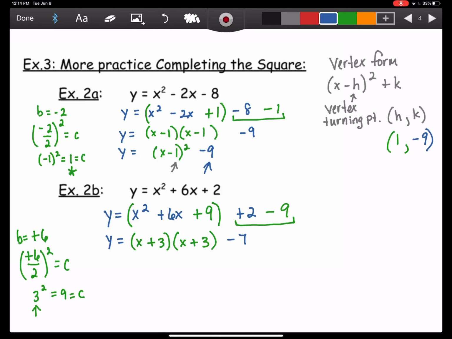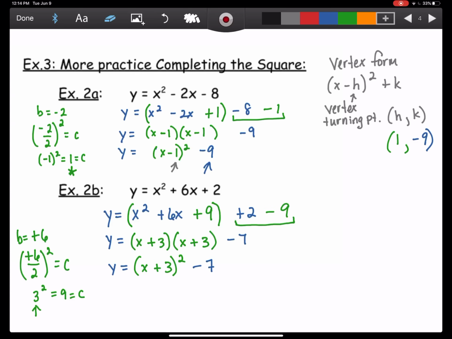Now we have, let's simplify more. So we get y equals x plus 3 squared minus 7. Whoops. Minus 7. And think about our formula again.